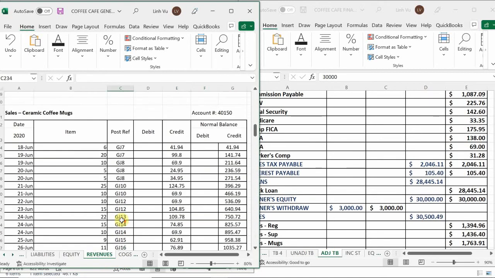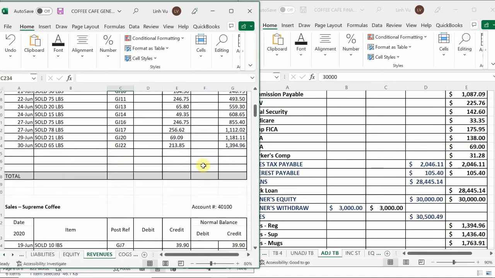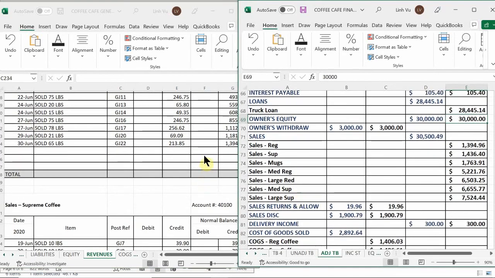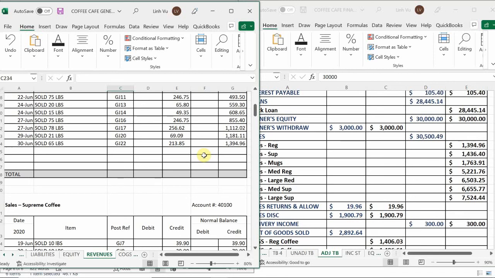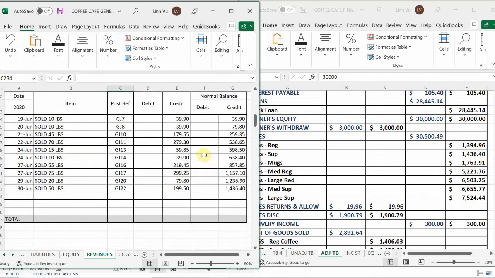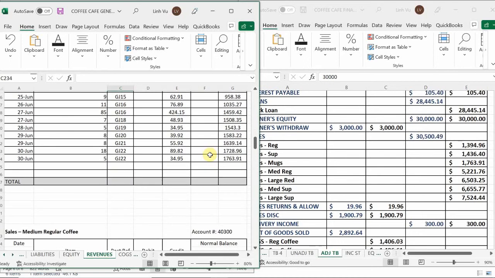Revenues. Let's see. Did my sales change? Sales for regular coffee is still at 1304. Supreme coffee is still at 1436. Ceramic coffee mugs is still at 1763.